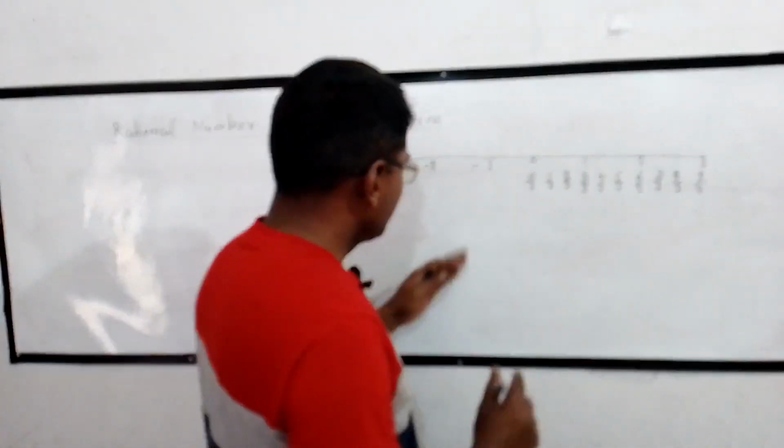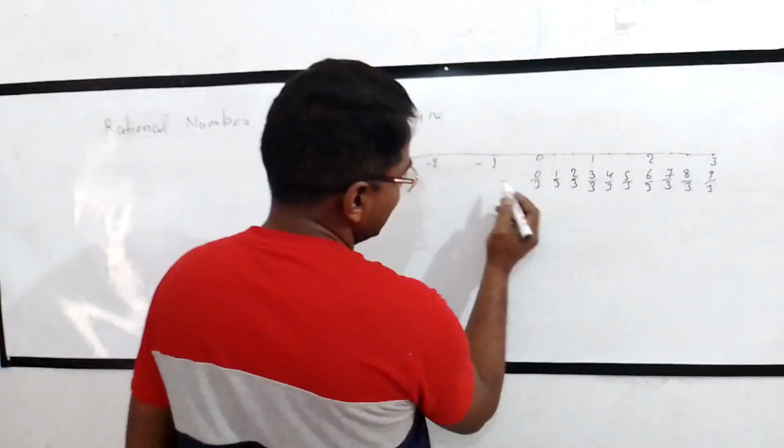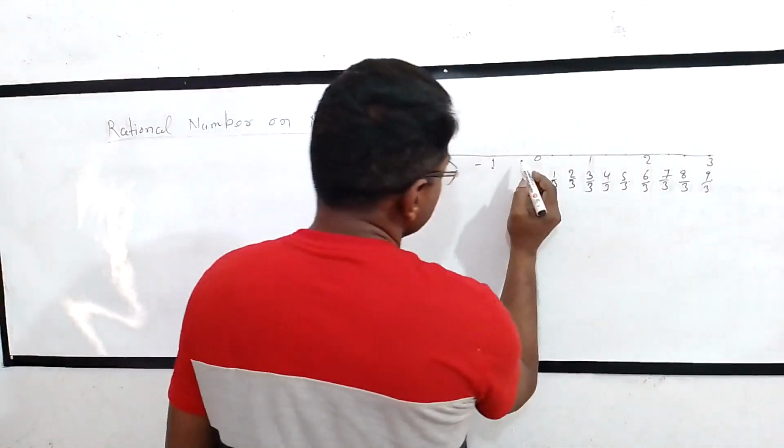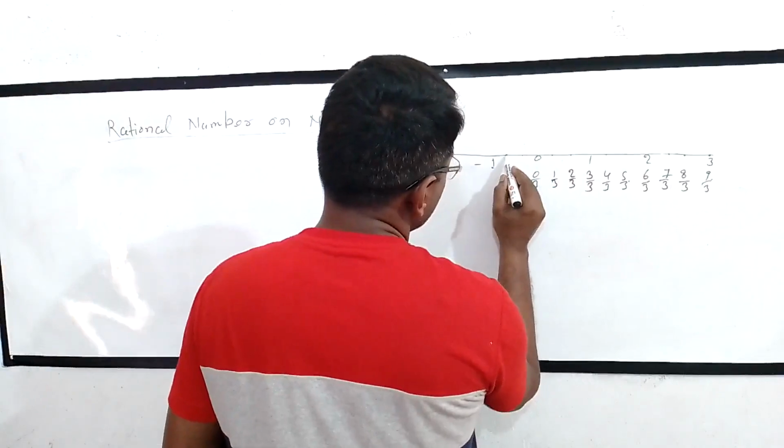In the same way, if you are moving towards the negative side, the negative integers, how will you represent negative rational numbers? Again, divide it into 3 parts.